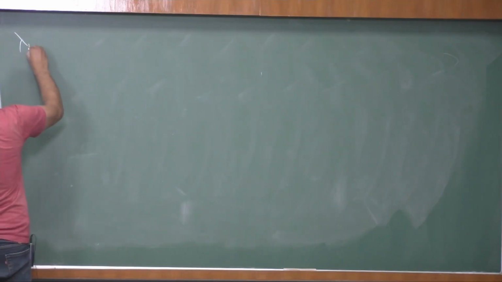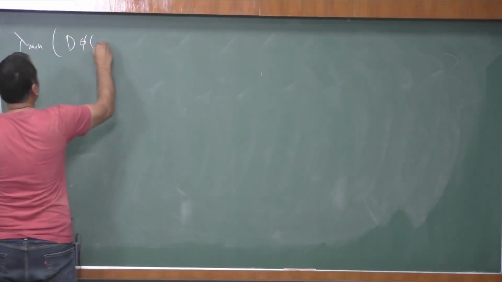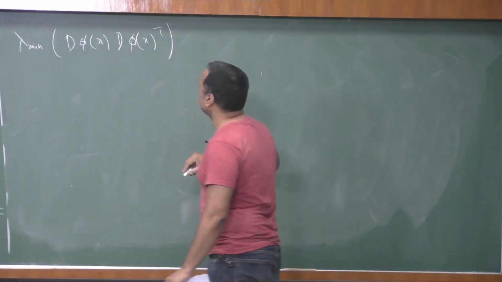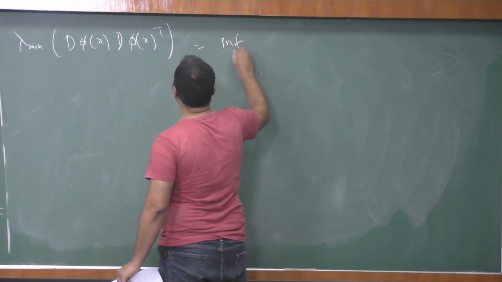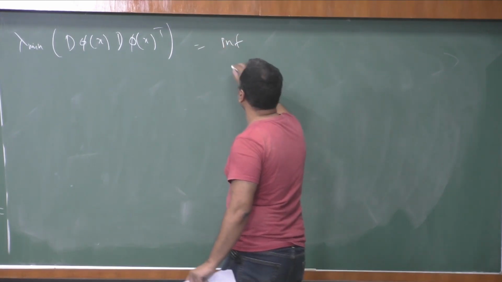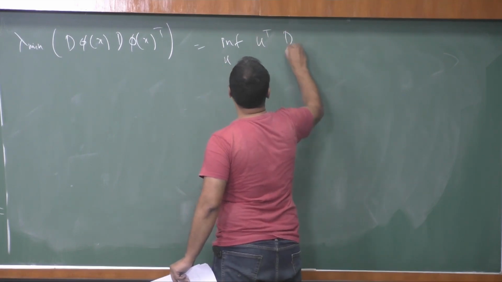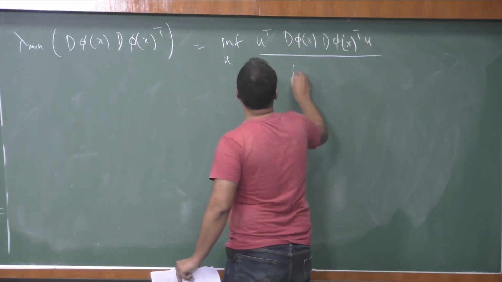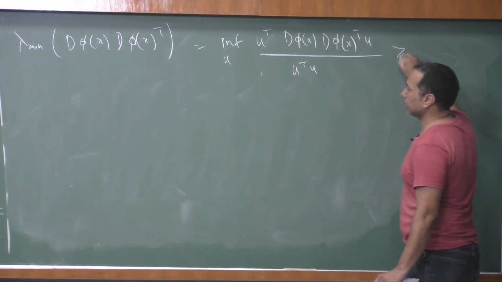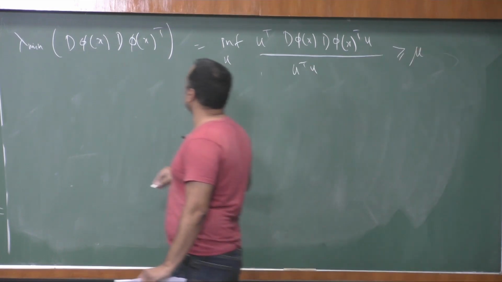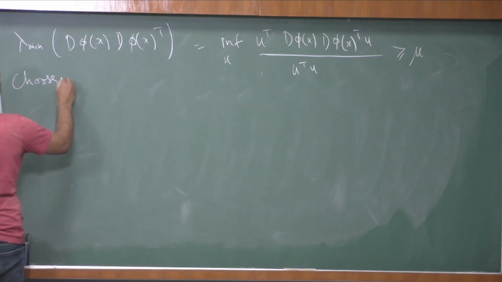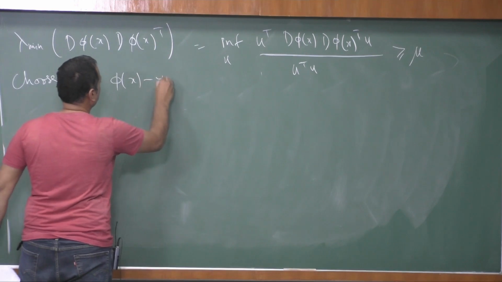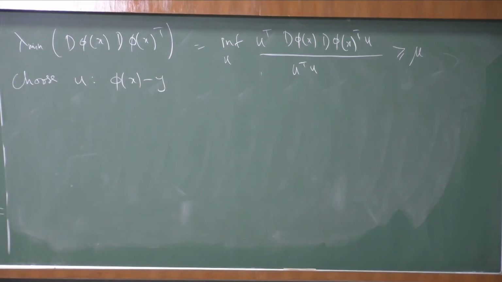So this is lambda min of d phi x transpose. This means the infimum over u of u transpose d phi x transpose u by u transpose u, and this we are told is greater than or equal to mu. Now choose u to be phi x minus y. Then what do I have?